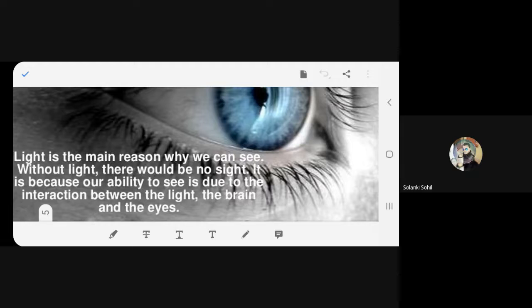One is the source of light, the other is your eye, which is receiving the light, and the message goes to the brain, where it is registered that what you saw was right. You understand?